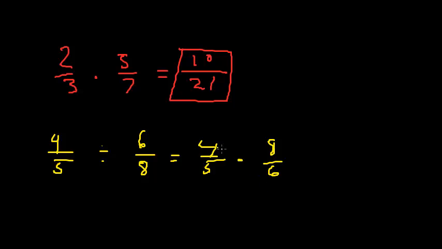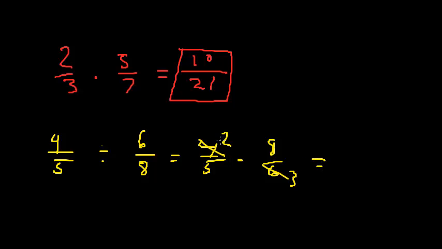Before I do, I can always check diagonally or within a fraction to see if there is a common factor I can cancel out before multiplying. Here I see that 4 and 6 have a common factor of 2, so I can reduce these two. 2 goes into 4 twice, 2 goes into 6 3 times.